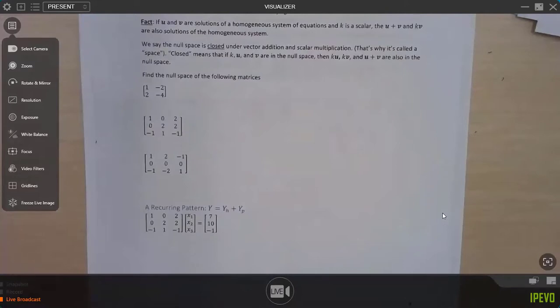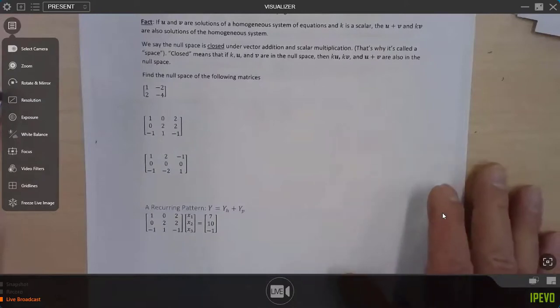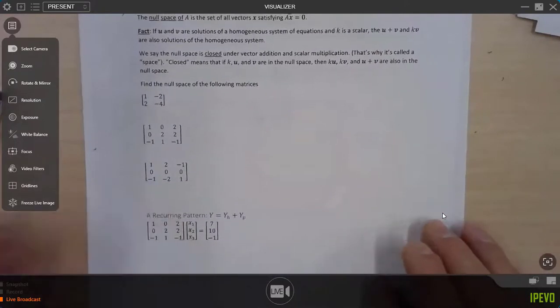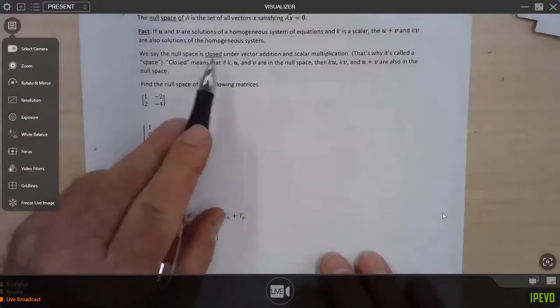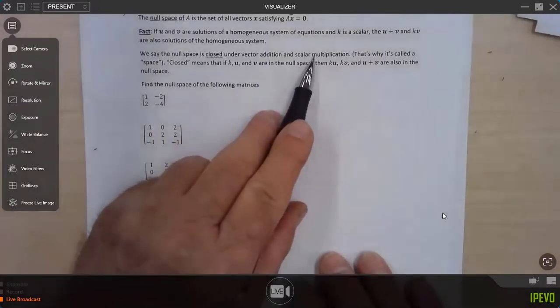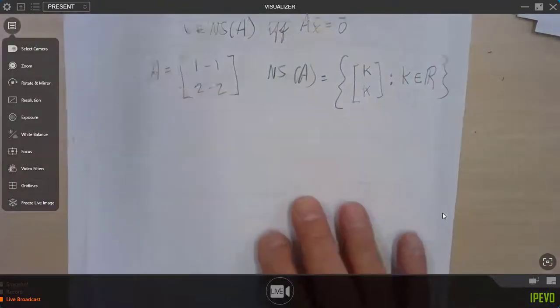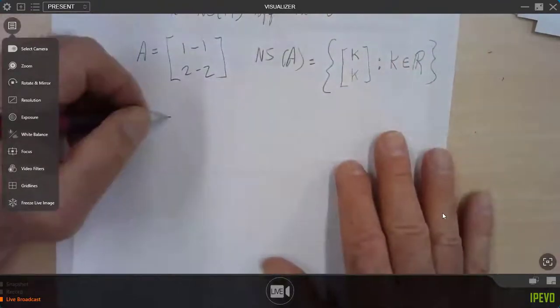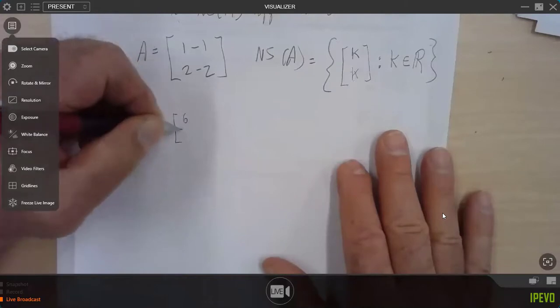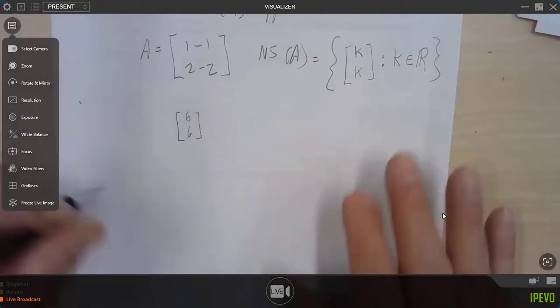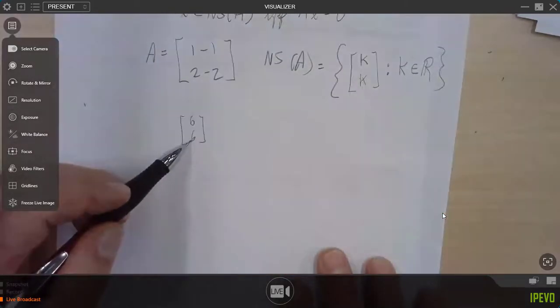Now, the null space is called a space because it has the property of being closed under addition and scalar multiplication. What I mean is this: take any old vector you want, just so long as the first and second entries are the same.